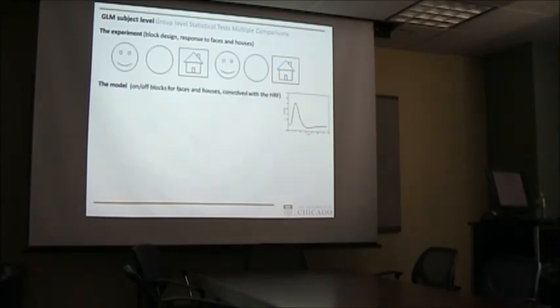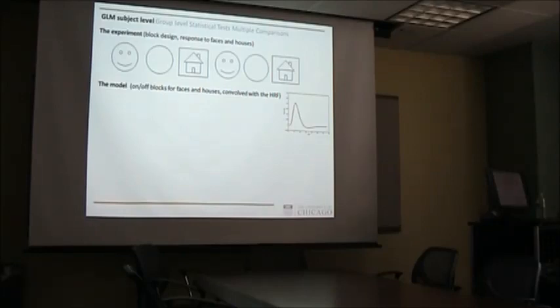What you want to do then is model at what times these stimuli are presented, which in this case is just an on-off block model. But this is always important in fMRI: it's convolved with the hemodynamic response function. If you remember from the first lecture, presenting a stimulus does not instantaneously lead to an increase in the bulk response.